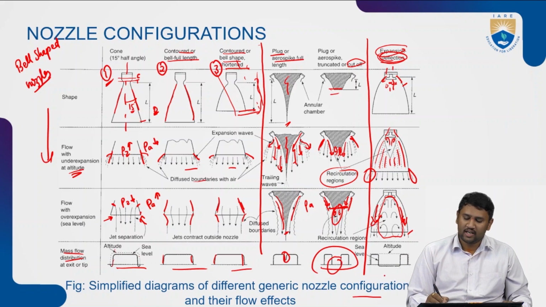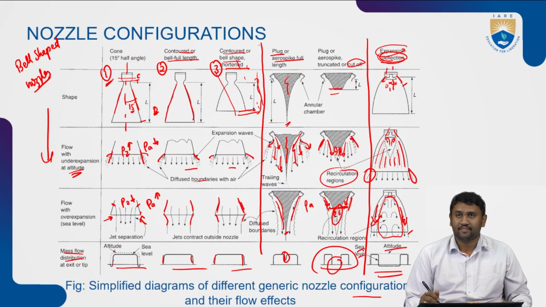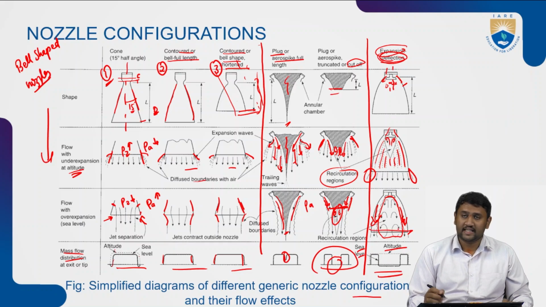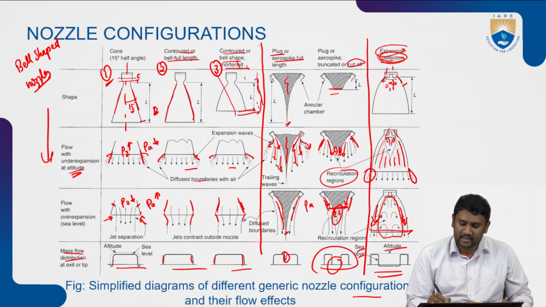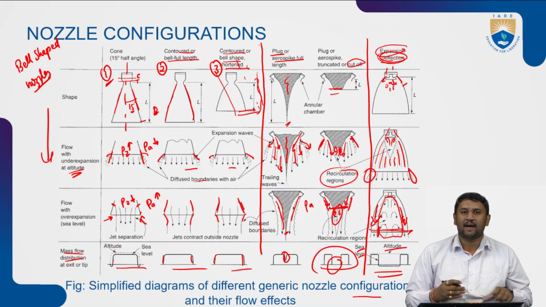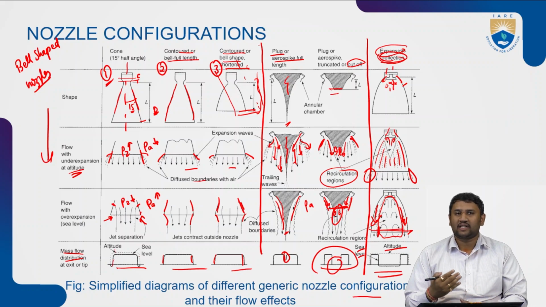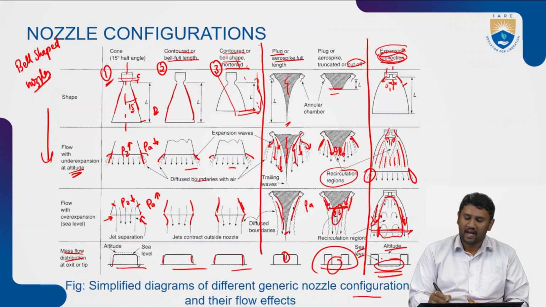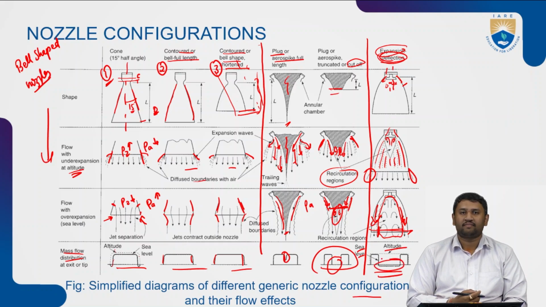Now, considering this, what happens? You will be having a sea level mass flow as well as an altitude mass flow. What happens under sea level? As for the mass flow at the exit plane, there is some initial mass flow at the end, whereas as the sampling plane passes through the recirculatory zone, you will not be having mass flow.